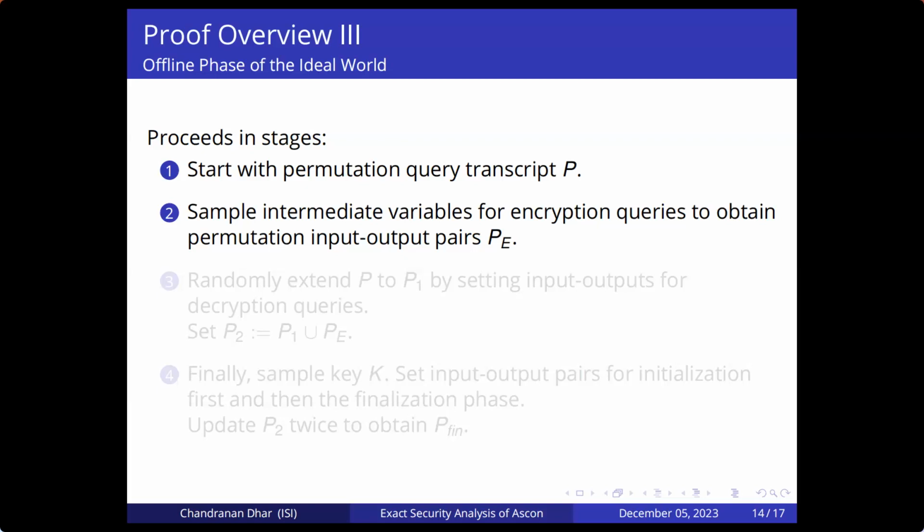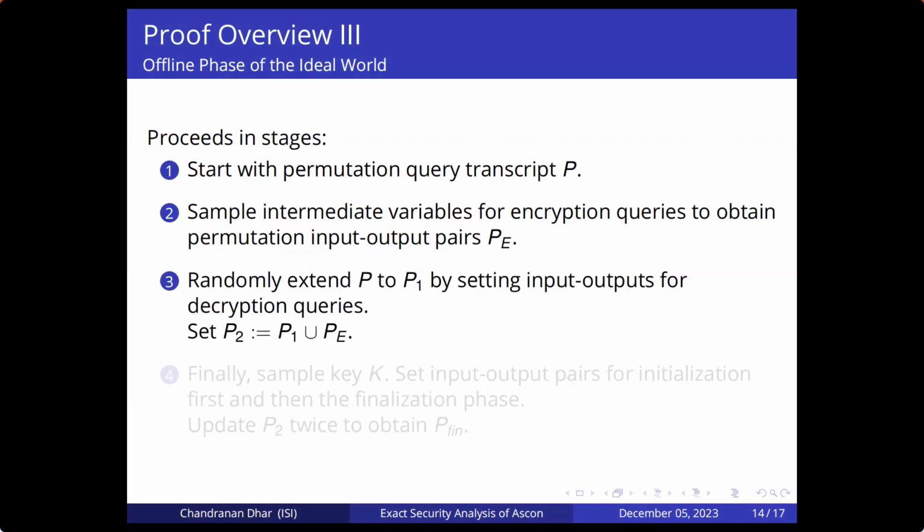We set all the inputs and outputs of the permutation related to the data processing phase, and we give that out as P_E. Then we randomly extend our permutation query transcript P to P1 by setting the input outputs for decryption queries. For that, we use a lazy sampling sort of thing.